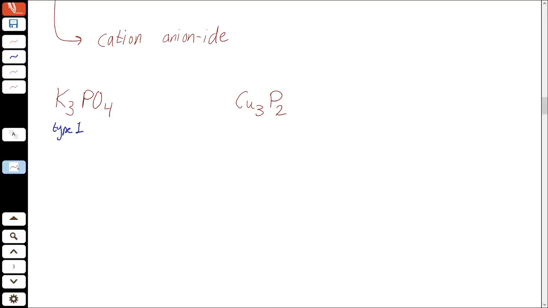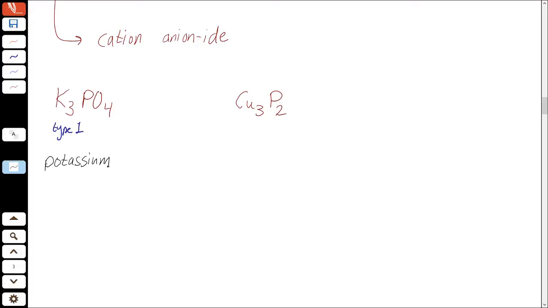Okay, so let's write that name. It starts with potassium. And what's the anion? Close. That phosphorus is the element. What is that anion called? Nope.